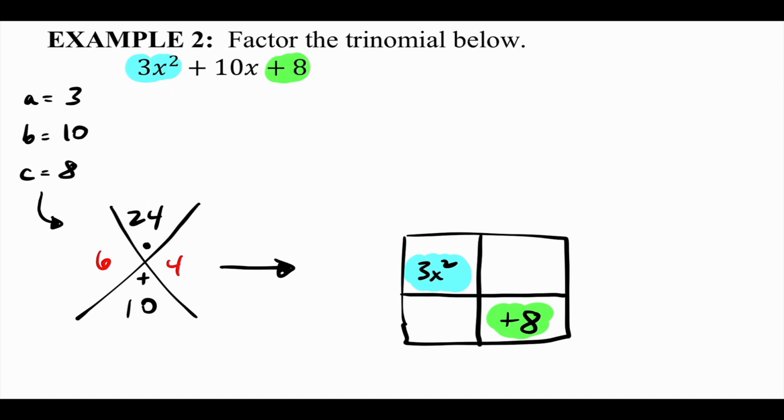And then the two guys I came up with, positive 6 and positive 4, add together to make 10x. So one needs a 6x and one needs a 4x. Now the two yellow guys, order doesn't matter. I could put the 6x with the 4x and switch them. The blue and the green, the order does matter, but the yellow does not.